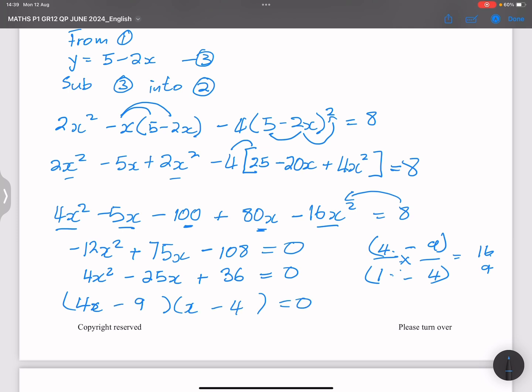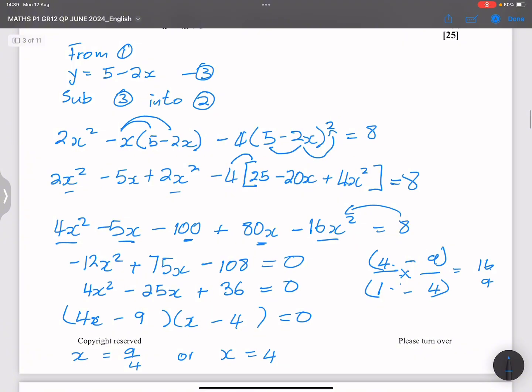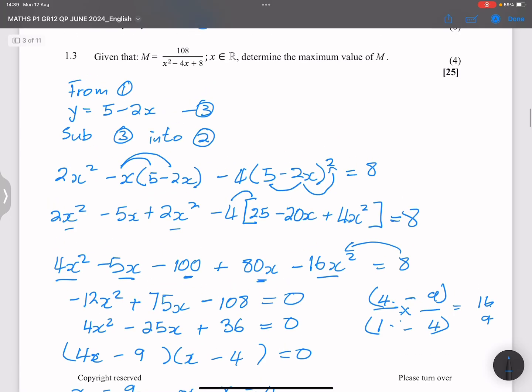This is equal to 0, and so x will be 9 over 4, or x will be 4. Now that you've gotten the value of x, we can determine the value of y. We're going to substitute into equation 3. So substitute our x values in equation 3.